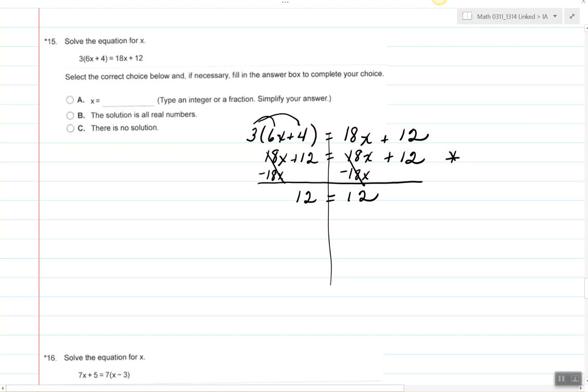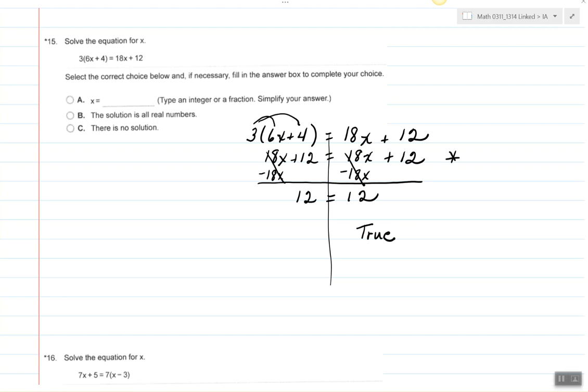That tells me something very, very important. This is a true statement. No matter what the value of x is, it's going to be the same on the left as the right, so it's not going to make any difference. You look at the constants, and that's true. 12 is always equal to 12.